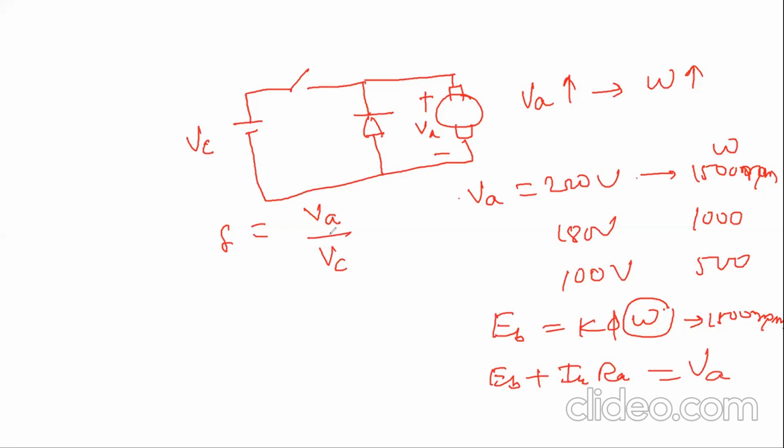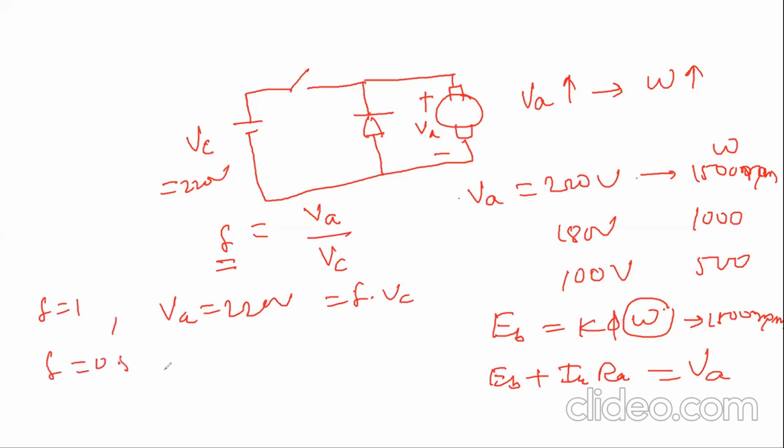So what value of duty ratio is required to set VA? Suppose VC is equal to 220 volt, and when delta, the duty ratio, is equal to 1, then VA is equal to 220 volt. VA is equal to delta into VC, and when delta is equal to 0.5, then VA is equal to 110 volt.